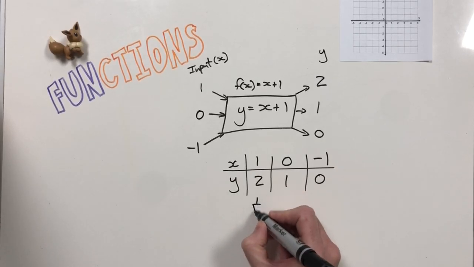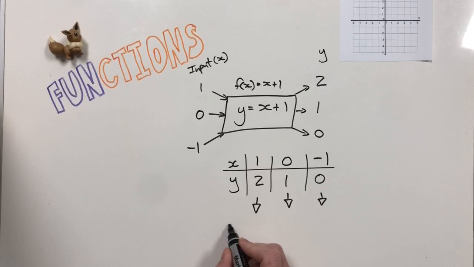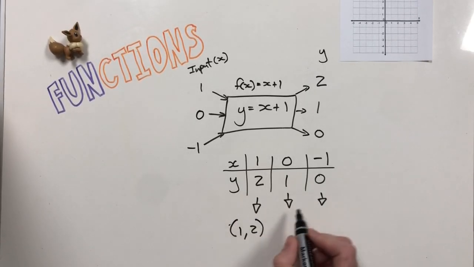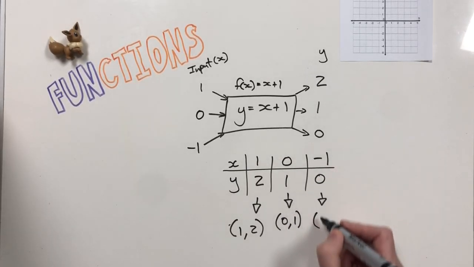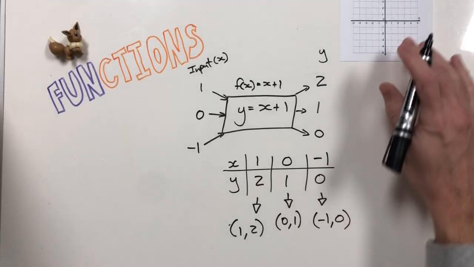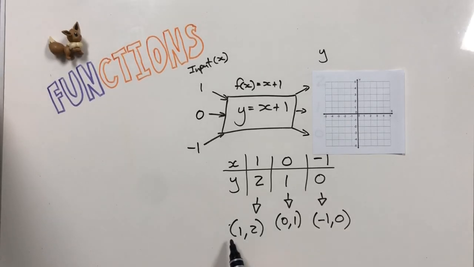And these I can actually use as coordinates. So x is 1 and y is 2, that's a coordinate. And x is 0 and y is 1, that is a coordinate. And x is negative 1 and y is 0. Those are coordinates. So if I have a look at this graph, this would be my x value and that would be my y value.